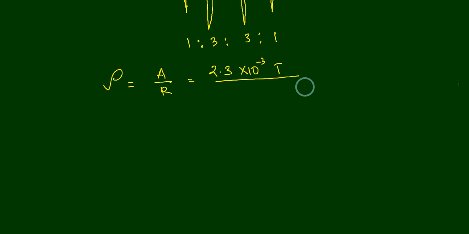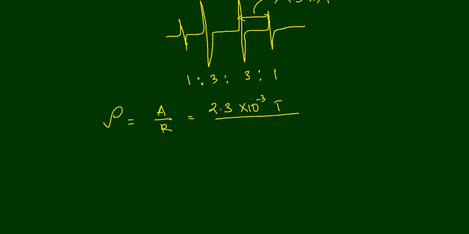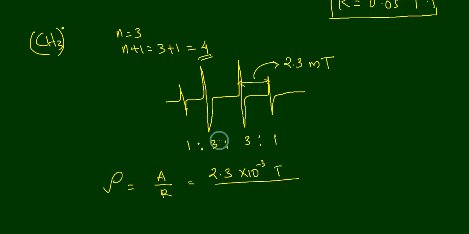What is the value of R for the hydrogen nucleus? We have to give the R value for the hydrogen nucleus here, because the electron's ESR peak is coupled due to hydrogen nuclei. Three hydrogen nuclei are there. The coupling is due to the hydrogen nuclei, so we use the R value of hydrogen, 0.05 Tesla.